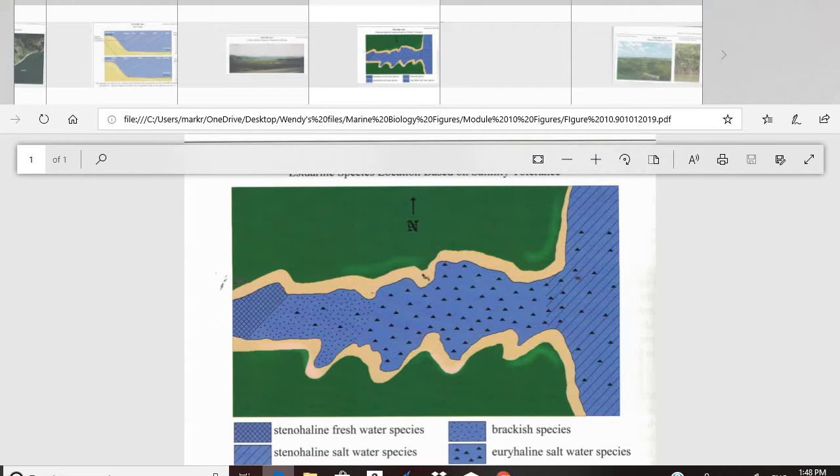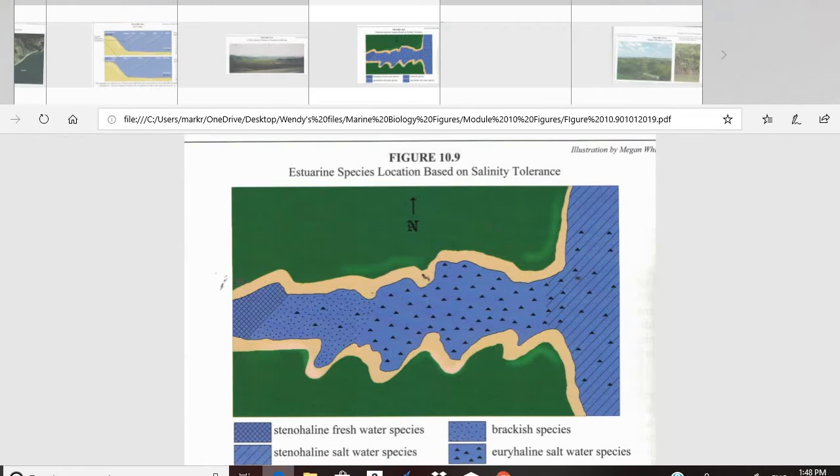Then as you get into here, you get more of a brackish environment. So you have certain organisms that can live in this area because they are brackish. They can live in that area that's partway. It's not as salty as the ocean, but has more salt than the fresh water. And then you have those species that live best in fresh water.